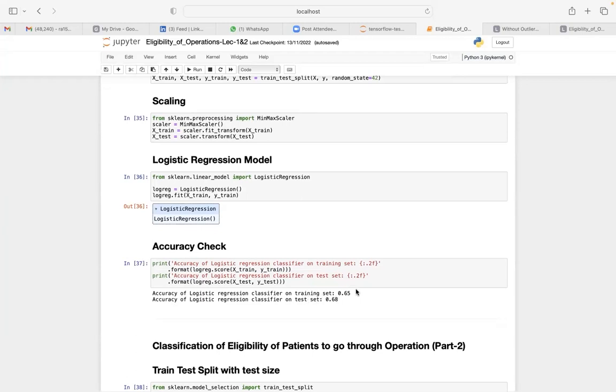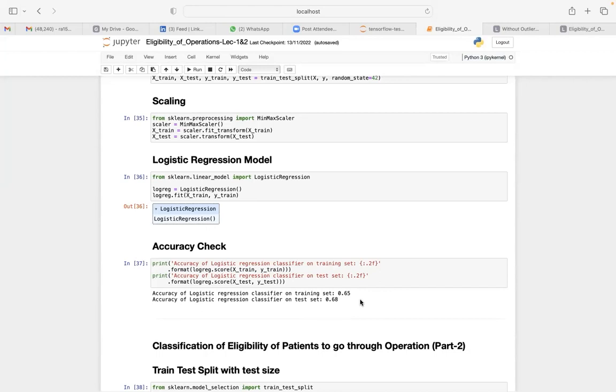Okay. We also have to take care of one thing: if the test accuracy is very high or very low, and if the train and test accuracy create a lot of difference between the train set and test set, then possibly there could be a chance that we are overfitting.